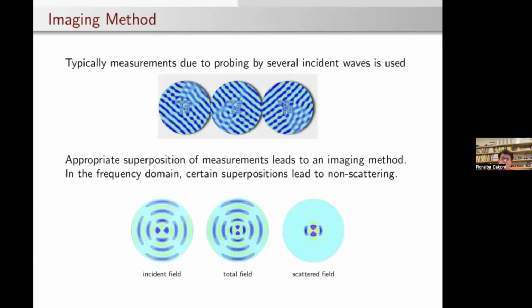There are situations when, if you probe with a lot of plane waves, theoretically from all possible directions, it is possible to superimpose those plane waves in such a way that there is no response from the perturbation, from the inhomogeneity.